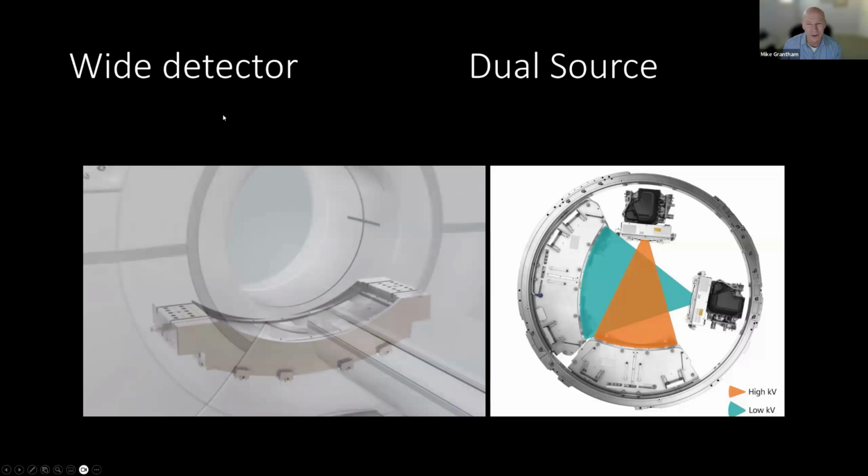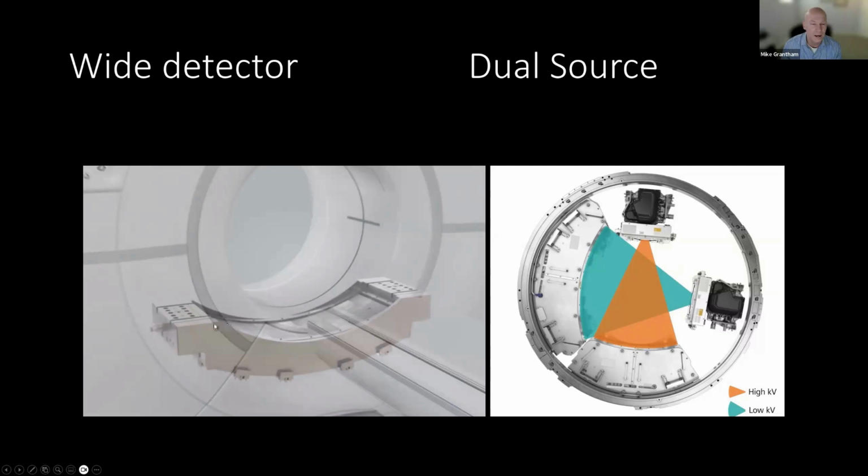We get better image quality, and it's just really much easier to scan these patients currently. So in 2018, we got our first wide detector CT, and we also have a dual source scanner we got in 2019. So we have 2 of these wide detector CTs, 2 dual source scanners, and we also have some 128s that we do an occasional CT coronary on as well.